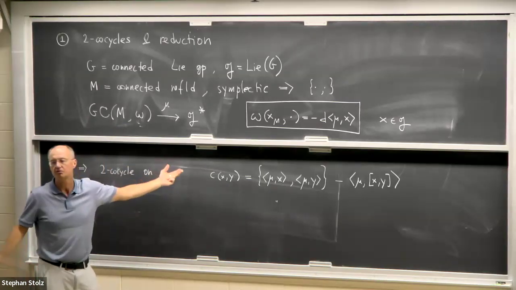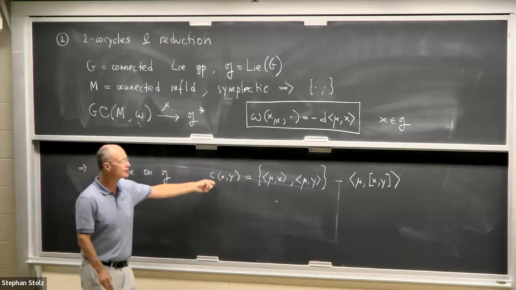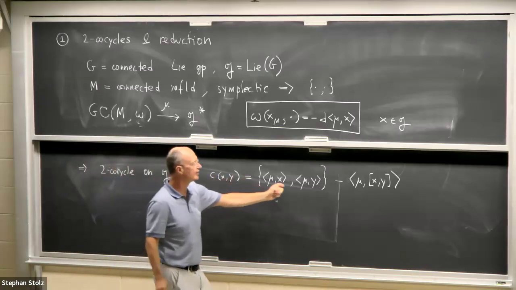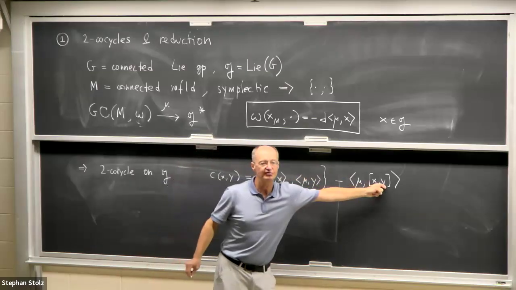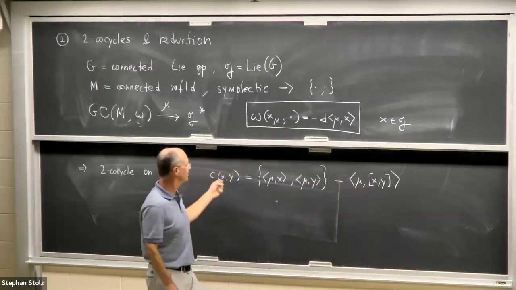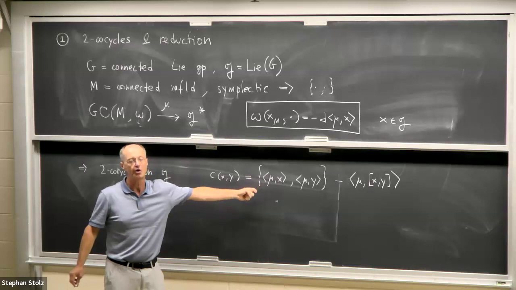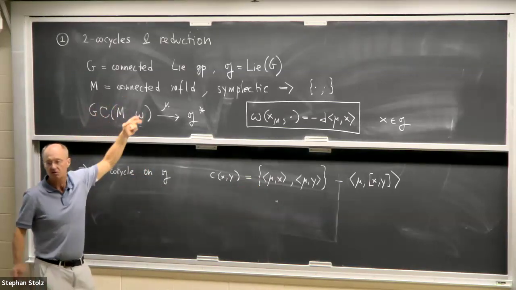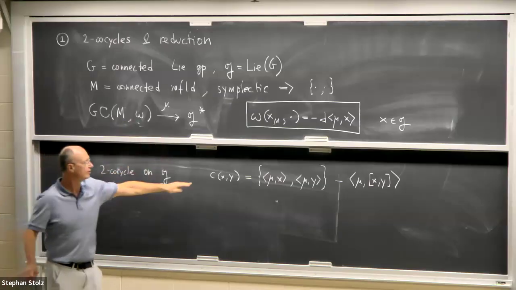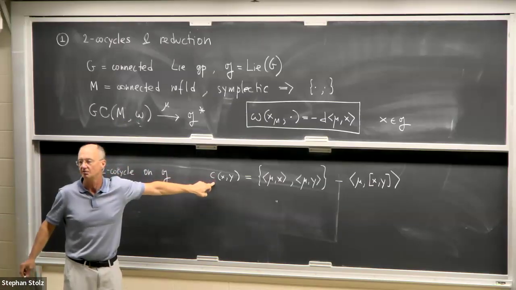But in general, it is not zero. But it's always a constant, right? A priori, how it's written here, it is a function on M, it's another function on M, but it turns out that that difference must be a constant locally, and since M is connected, it's a constant globally. So this thing is just a number.